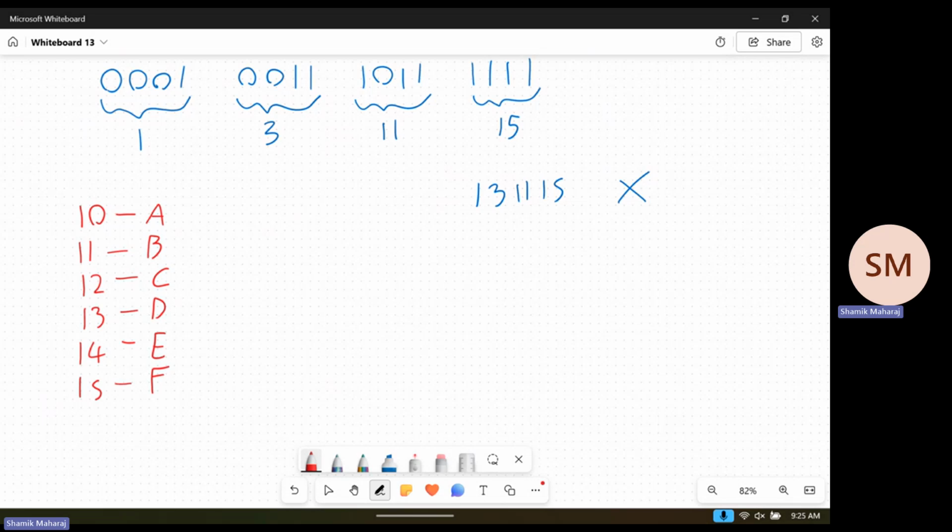So the 11 at the top is, according to our table, a B, and the 15 is an F.